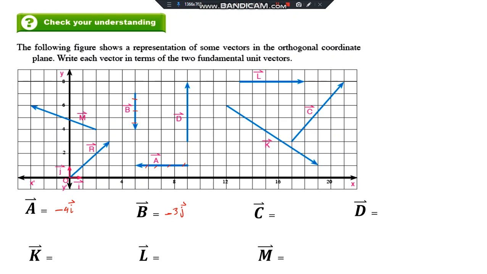And vector C is represented by a horizontal line and a vertical line along the x-axis and the y-axis. We start with the horizontal line, then we move up.